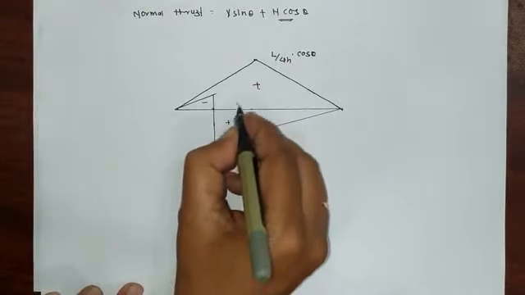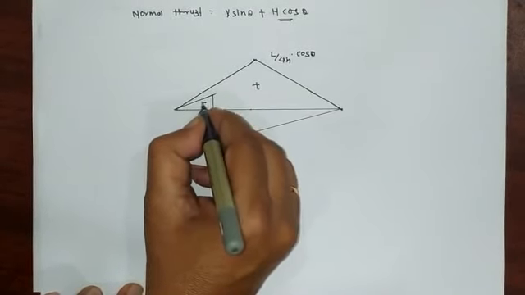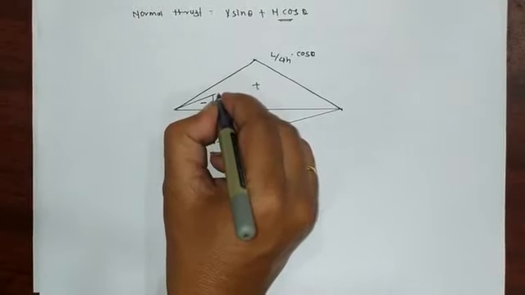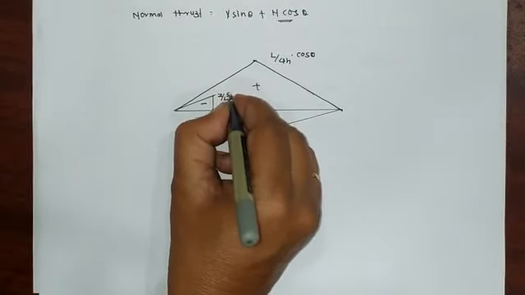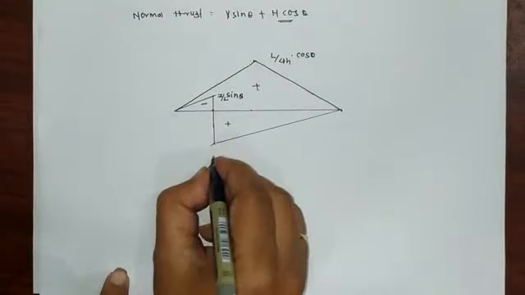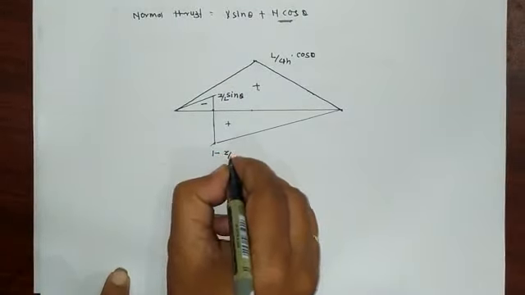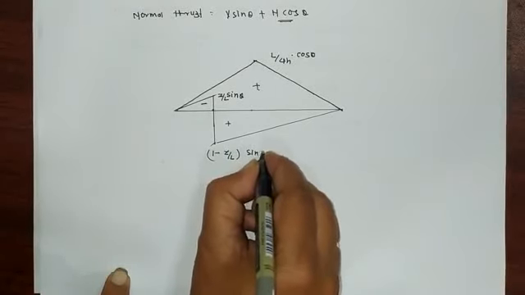So this total value becomes the plus diagram, and this value becomes negative: this is Z by L into sin theta, and this value is 1 minus Z by L into sin theta.